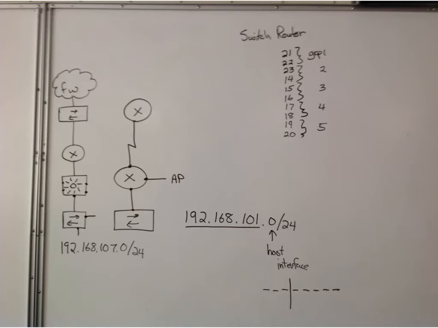In this case, the router's connected to this switch. If we were talking about a particular address like this, the 24 prefix bits would indicate these 3 octets, and then this last group right here we would refer to as the interface or the host.